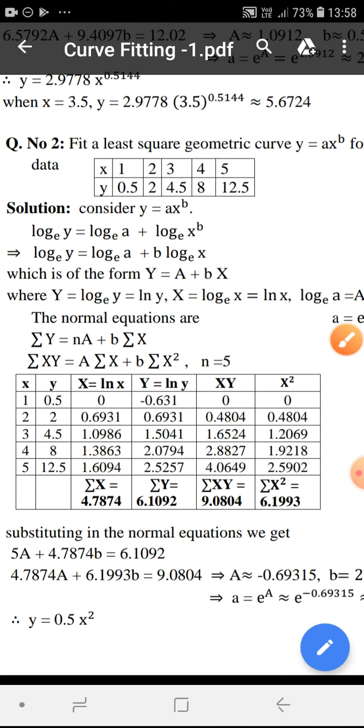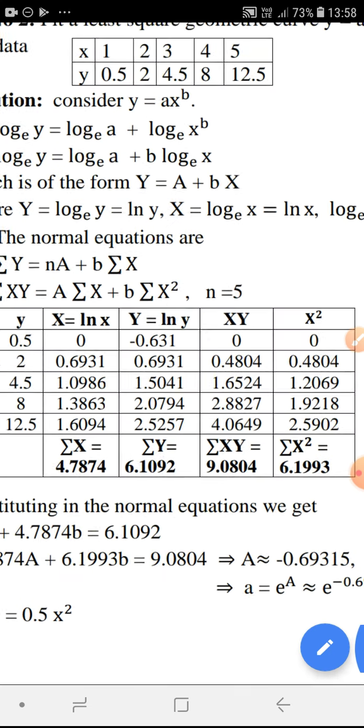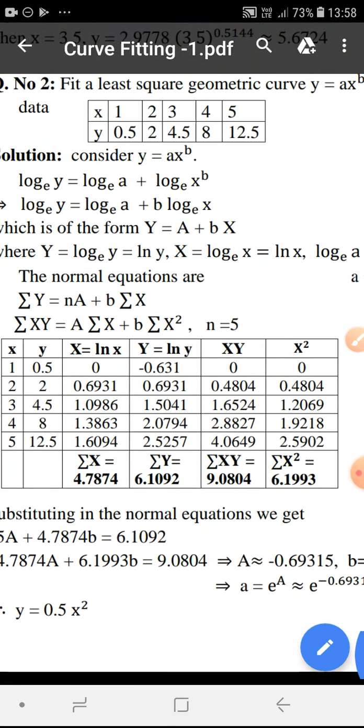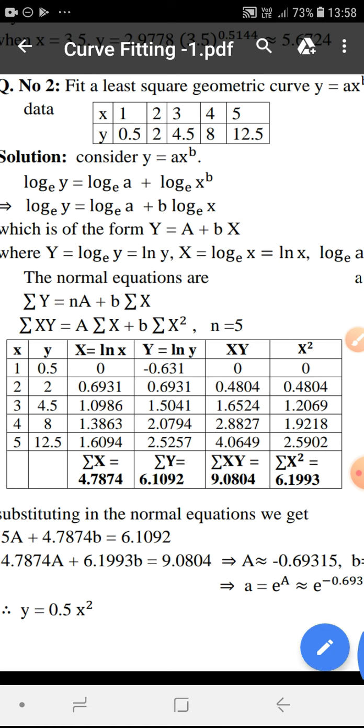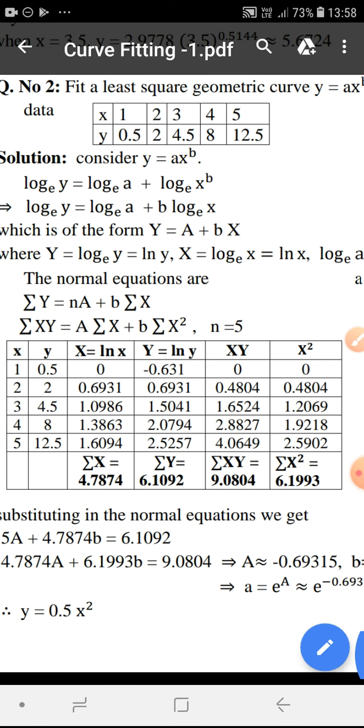So you can draw the table. The first two columns are nothing but the given x and y values. Then you can show capital X, which is ln x, capital Y, which is ln y, then capital XY and capital X square. Use the calculator to find ln x.